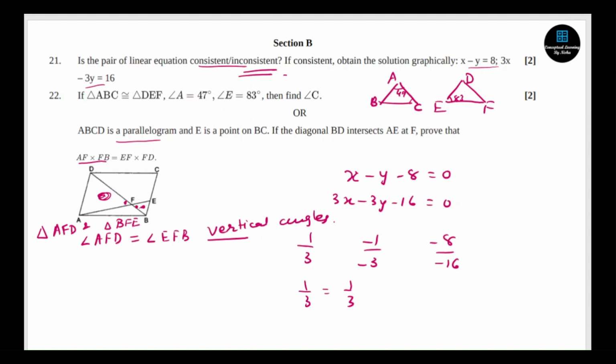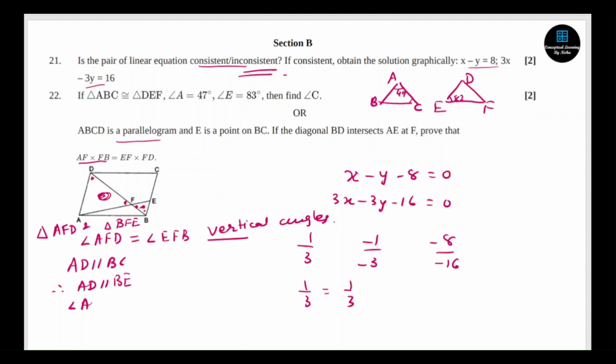Alright. Now one more angle I need. Correct. So which angle can I say? See, these two are parallel, right? AD is parallel to BC. Therefore, what I can say, AD is parallel to BE also. So what I can say, this angle and this angle, they are congruent, correct?